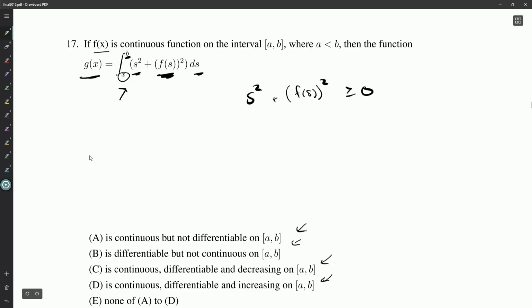this is not the usual function that we would expect for the fundamental theorem of calculus, part 1. We do need a continuous function, and this is continuous, but we usually have a up to x rather than x up to b, so I'm going to rewrite g of x as negative, and then we'll go from b to x.